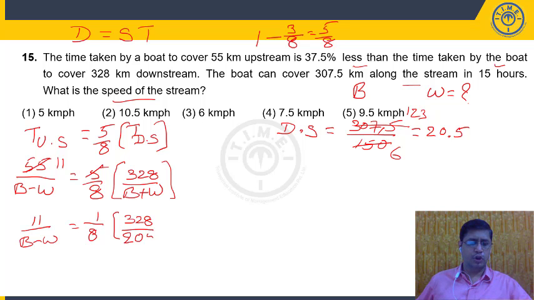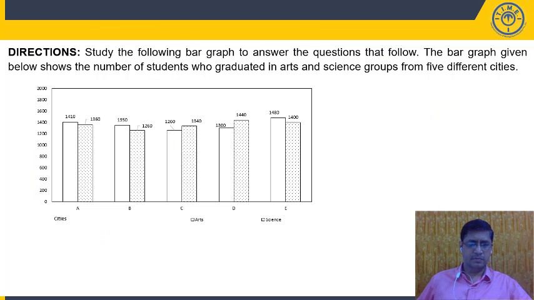I am removing the decimal and adding 0 on the other side. Now just simplify this. What is the cancellation? Now we can cancel with 5. 5 here, how many times does it go?